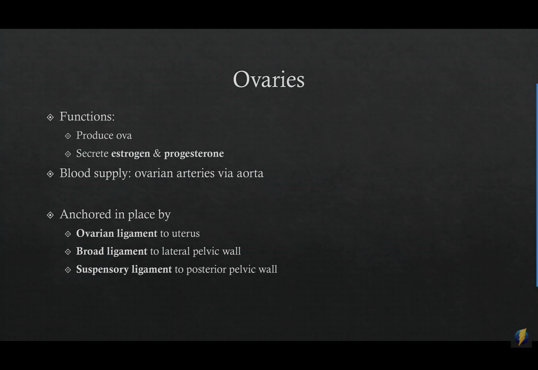There's a whole series of ligaments that collectively get referred to as the broad ligament that hold the ovaries in place in terms of their relationship to the lateral walls of the pelvis, and then a suspensory ligament holds the ovaries in place in relation to the posterior pelvic wall.